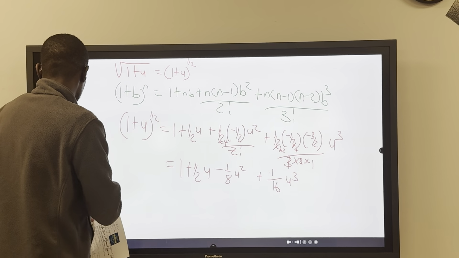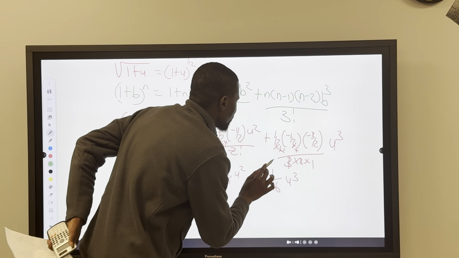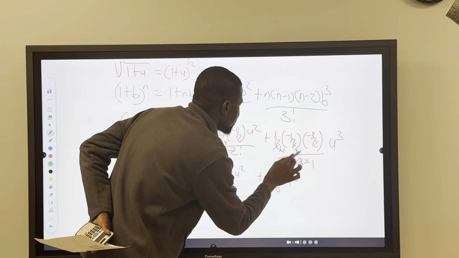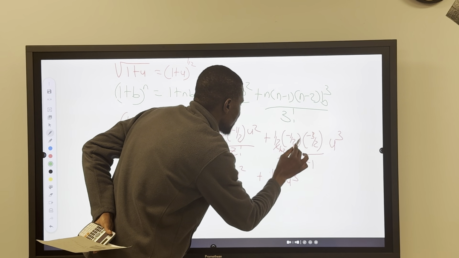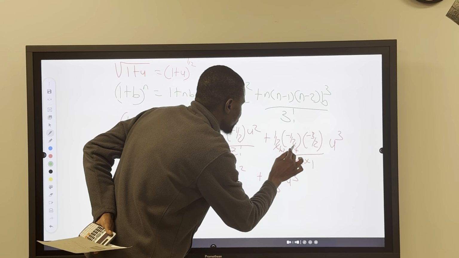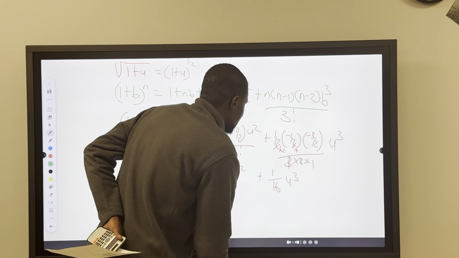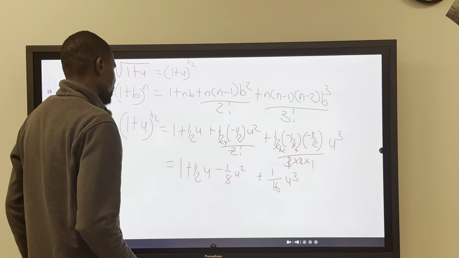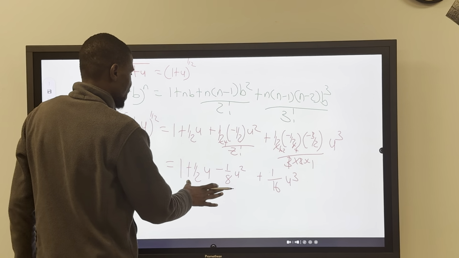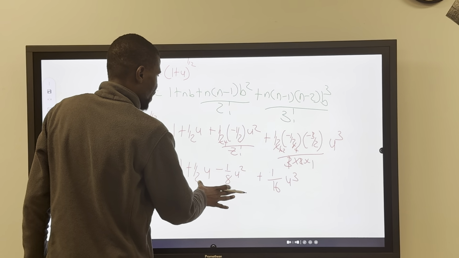Let me verify for the last time. This 3 and that 3 cancel out. Then 2 times 4, that's 8 times 2, that's 16. Then that's a positive. All right, so this is exactly what we have here.